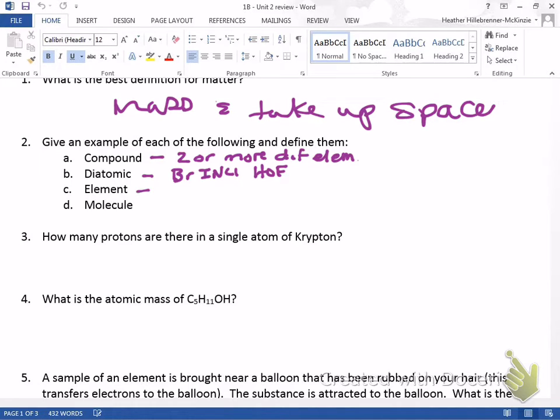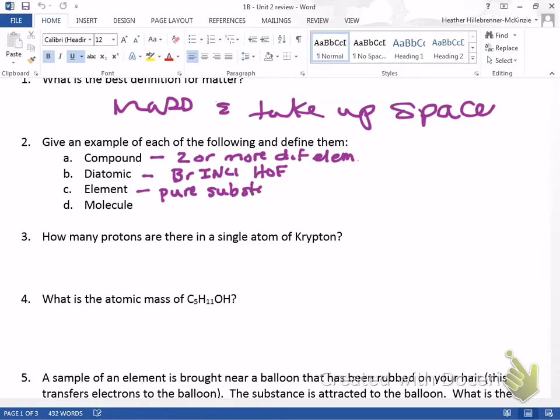All right, an element. What do you got for element? Okay, anything on the periodic table. That is fine. What else could we say? The smallest form of matter still containing atom properties.